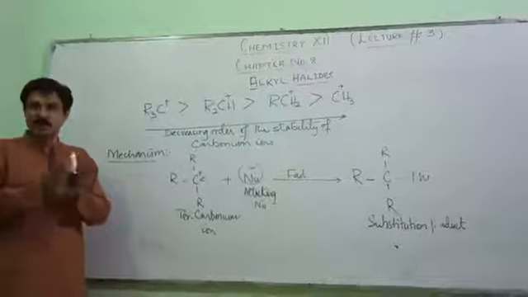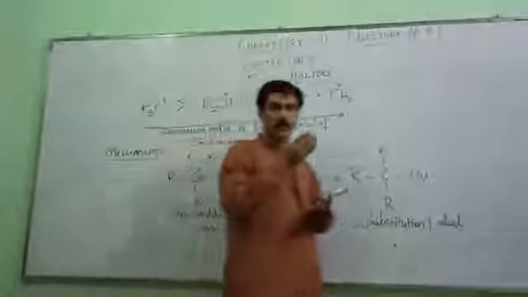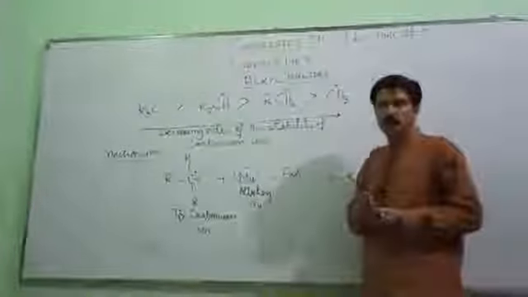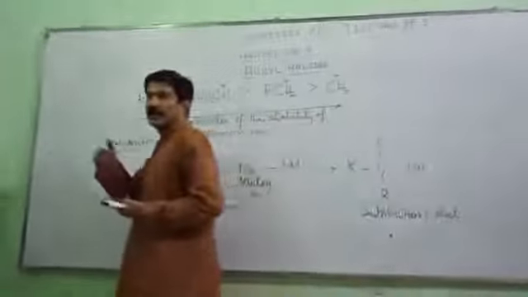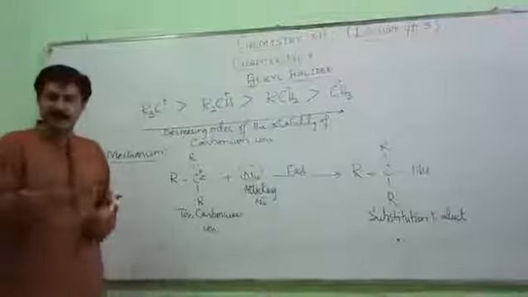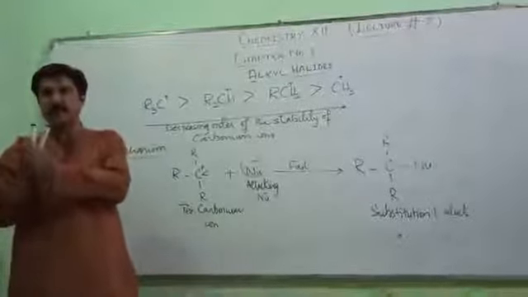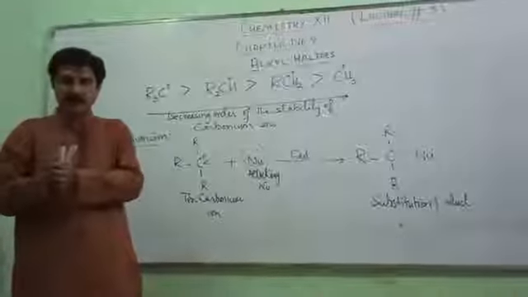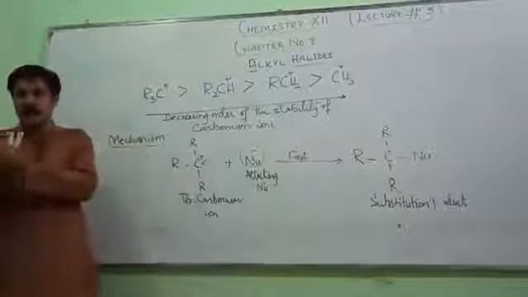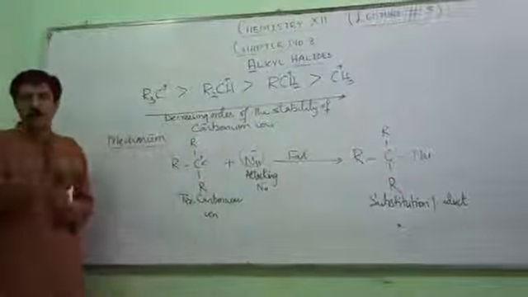So you must remember here that tertiary alkyl halides will go through SN1 mechanism, primary alkyl halides will go through SN2 mechanism, while secondary alkyl halides can go through both SN1 as well as SN2 mechanisms depending upon the nature of solvent used. In the presence of ionic or polarizing solvent, they follow the SN1 mechanism. In the presence of non-polar solvent or non-ionizing solvent, they will go through SN2 mechanism.